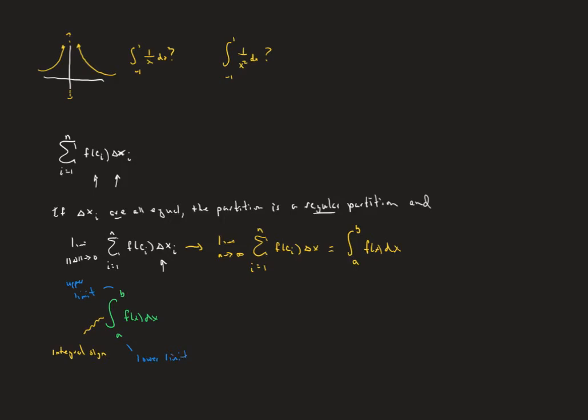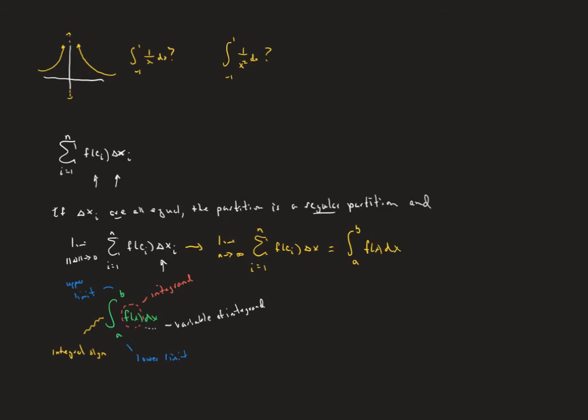The f of x part here is known as the integrand. And this dx part is called our variable of integration, which isn't a big deal for us, but becomes a bigger deal when you get to Calc 3 and you start integrating with more than one variable.